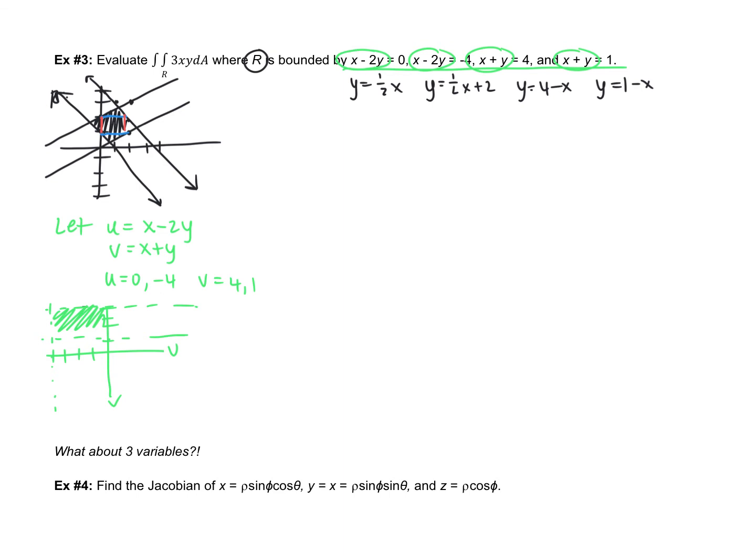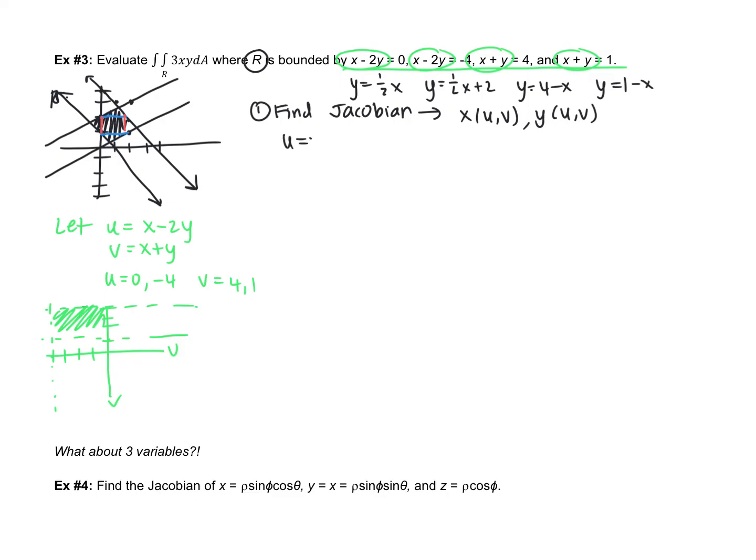Okay, so if we're going to do this change of variables, the first thing that we're going to have to do is find the Jacobian. And in order to find the Jacobian, we need x in terms of u and v, and we need y in terms of u and v.